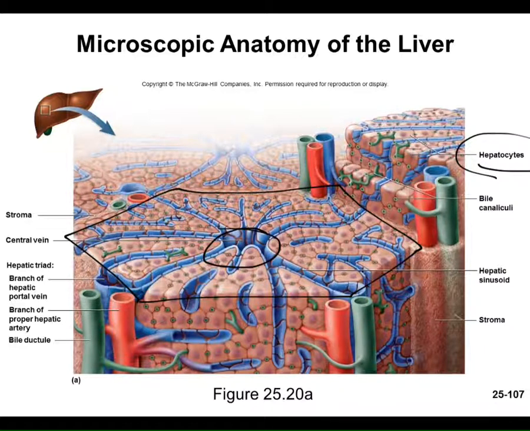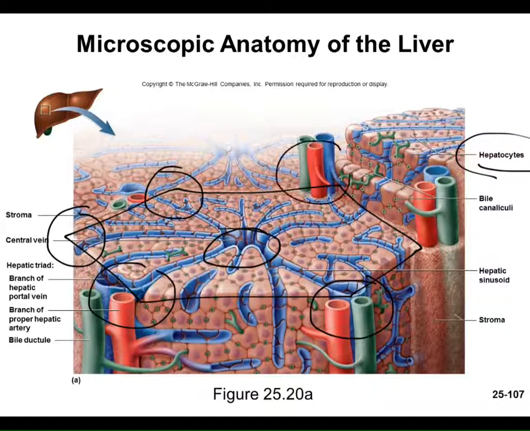And then at each of the apices, each point of this, you can't always see them everywhere, but at each point of the six-sided hexagon, there's going to be a triad, and that triad, you see a red, a blue, and a green. The green is a bile ductule. It's going to be carrying green bile. The red is the artery, and the blue is a branch of the hepatic vein.